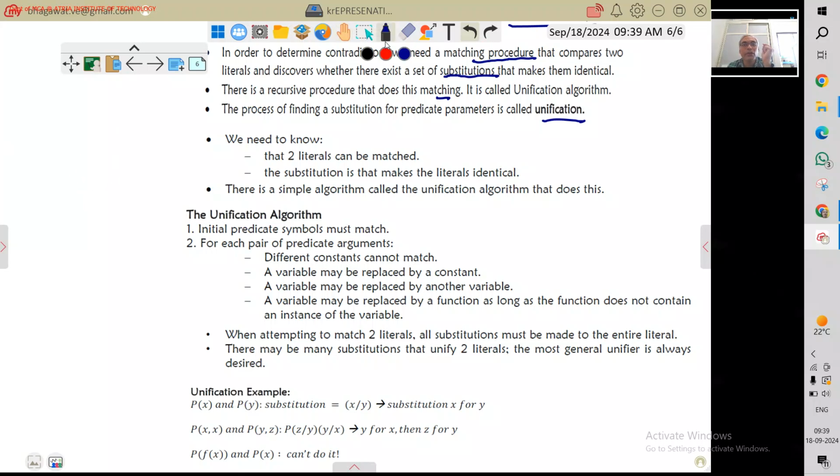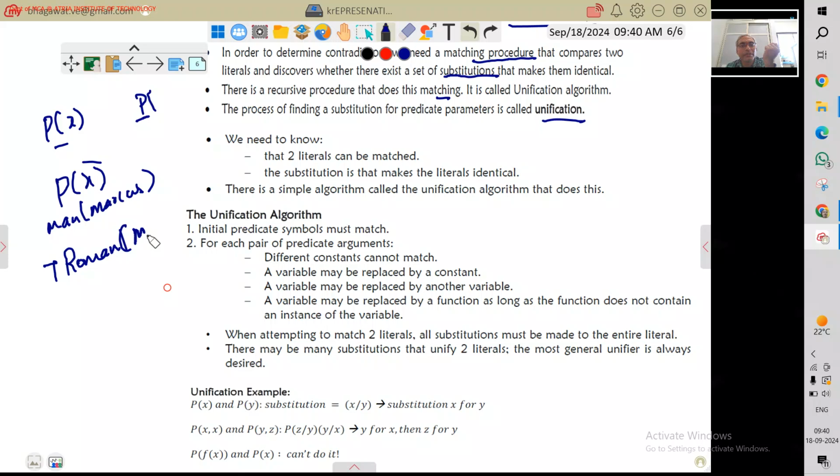Say, for example, you have P of X. The other predicate should also start with P. The predicates should match. You cannot say that one is P of X and the other is some other predicate. For example, one predicate is Marcus is a man, and the other predicate is negation Roman.